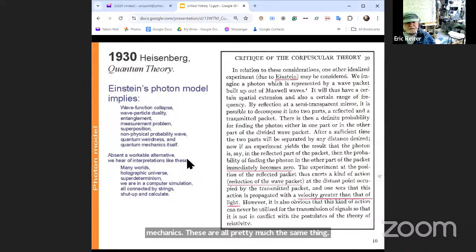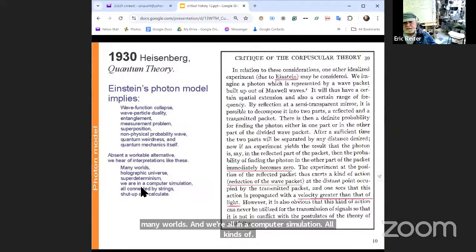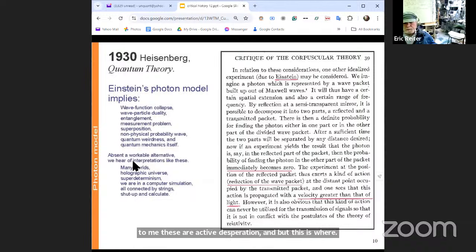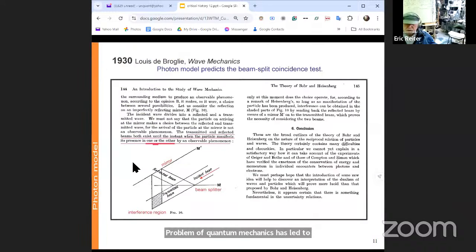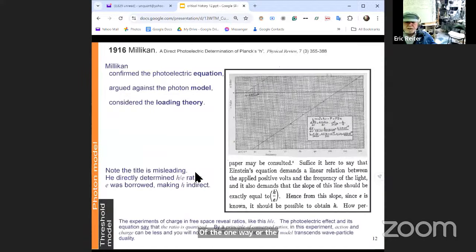But absent any workable alternative, we've heard of all these interpretations like many worlds, and we're all in a computer simulation, all kinds of stuff. And so to me, these are acts of desperation. But this is where the problem of quantum mechanics has led to. De Broglie also wrote in his book about the model of the one way or the other and the interference. So they understood that.